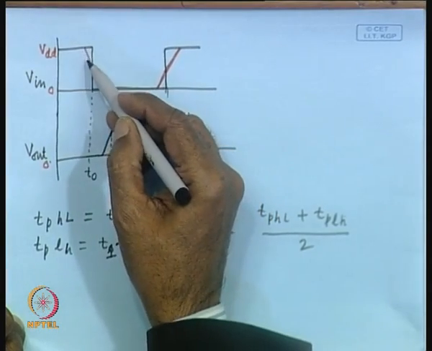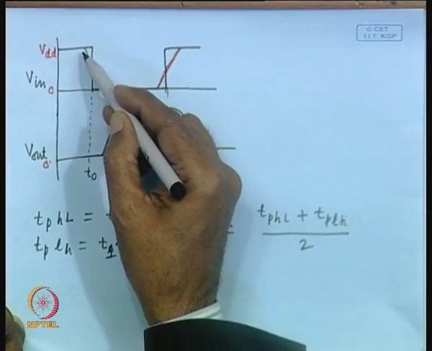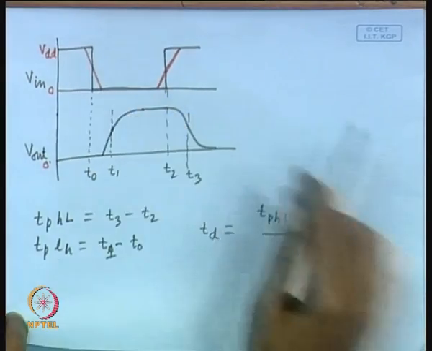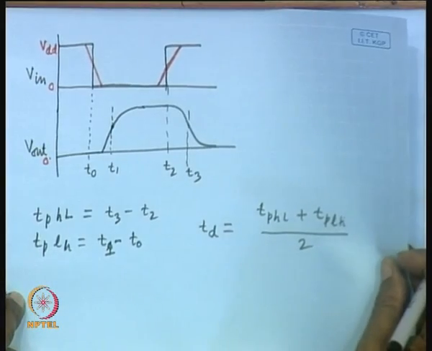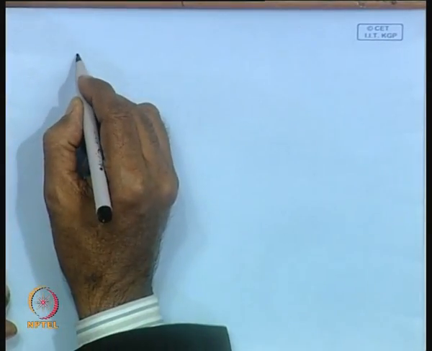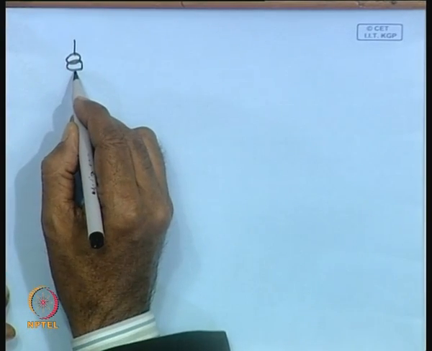That means the pull up device is on, which is responsible for this change from low to high. So in that case we can model it this way.